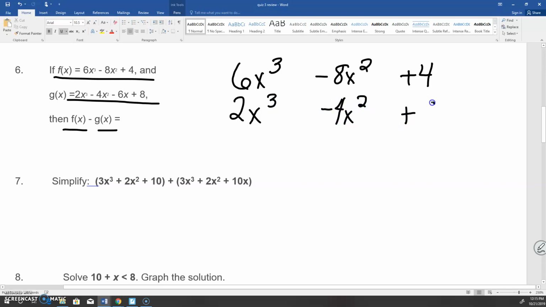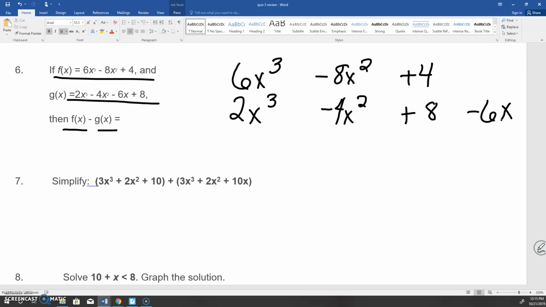I have a positive 8 and a negative 6x. Why did I put 8 underneath 4? One does not have a letter. 4 and 8 don't have letters, so they go underneath each other.